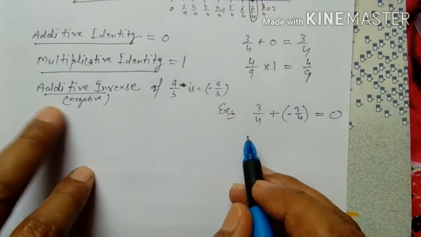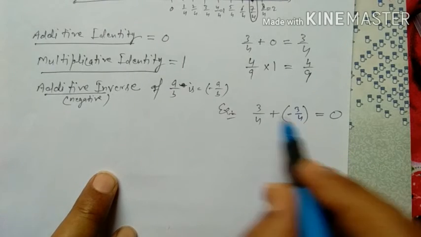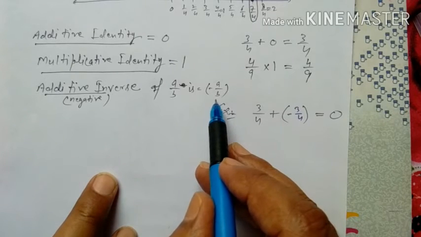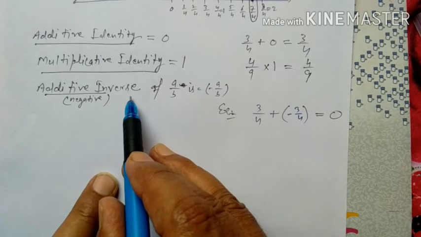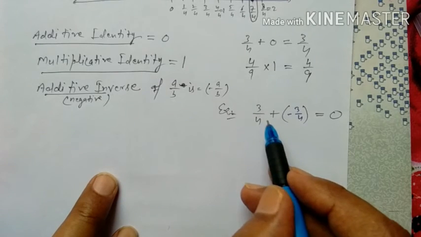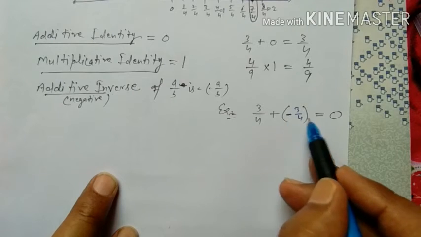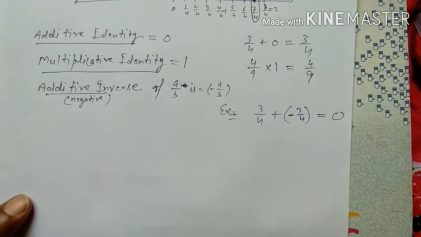So additive inverse of 3 by 4 is minus 3 by 4. Similarly, additive inverse of A by B is minus A by B. Simply you will write the negative sign in the case of additive inverse for any number. So additive inverse of 3 by 4 is minus 3 by 4 because it becomes 0. 0 is the additive identity.